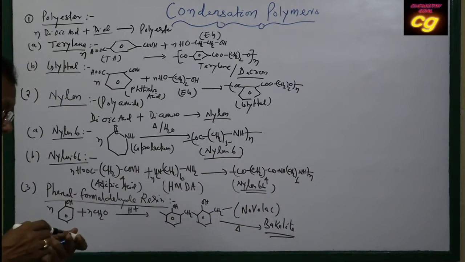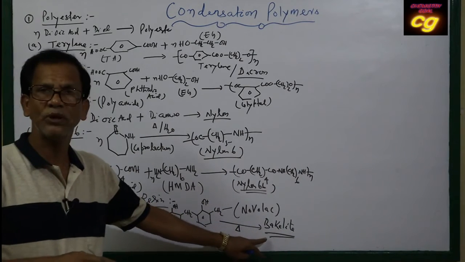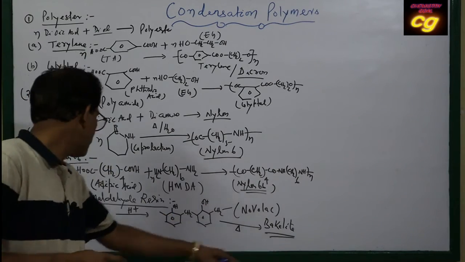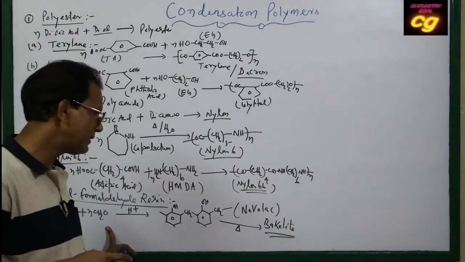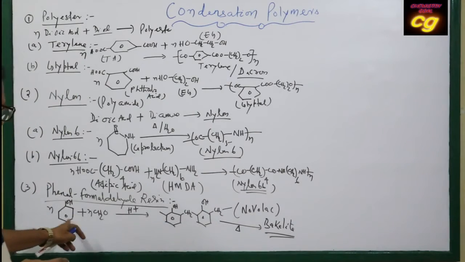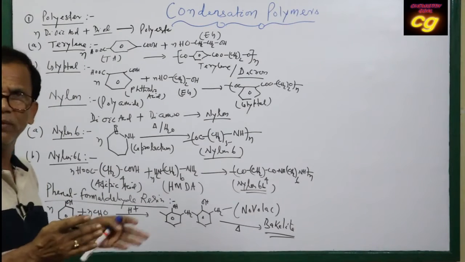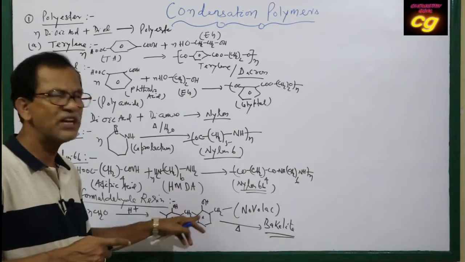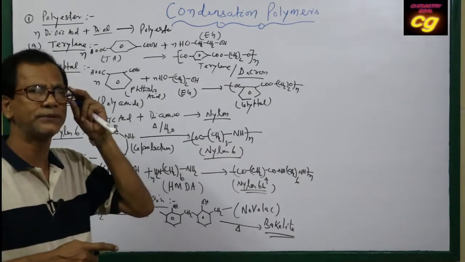Very important. Bakelite is also a condensation polymer of phenol and formaldehyde. But when phenol and formaldehyde just combine and the linear chain product is formed, that is called Novolac.